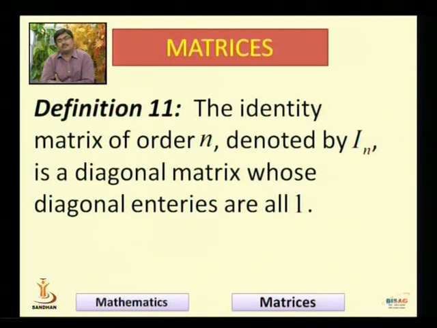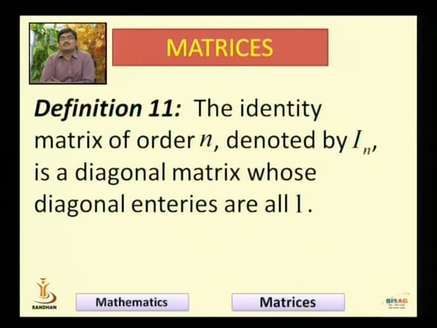Okay, now let us see what is the benefit of defining scalar multiplication. So, we just now give a name to a special kind of diagonal matrix. Let us take a diagonal matrix whose all entries are 1, and we know that diagonal matrix from the very basic definition is a square matrix.